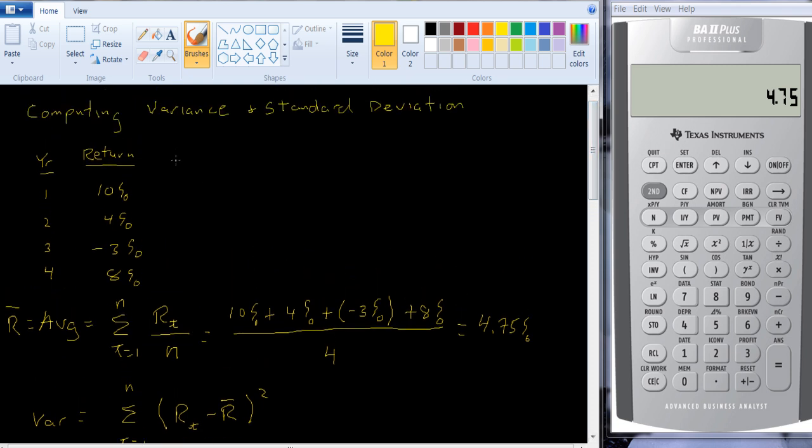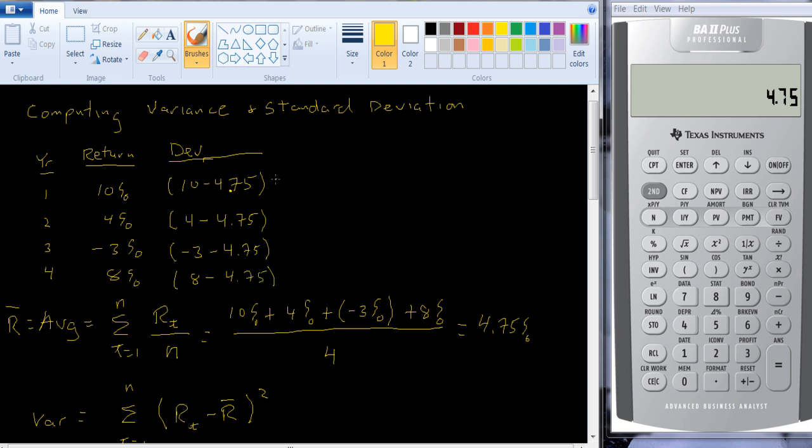Up here we're going to have the deviation, so we'll have 10 minus 4.75 for the first observation. The second one will be 4 minus 4.75. They're all the same average. Minus 3 minus 4.75. And 8 minus 4.75. So that's going to be the deviation.